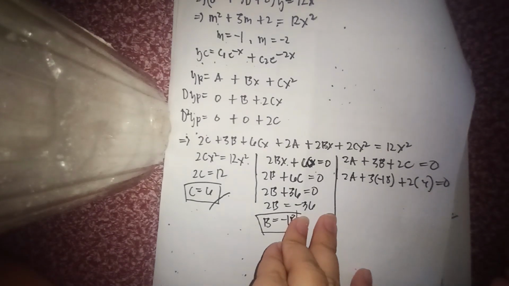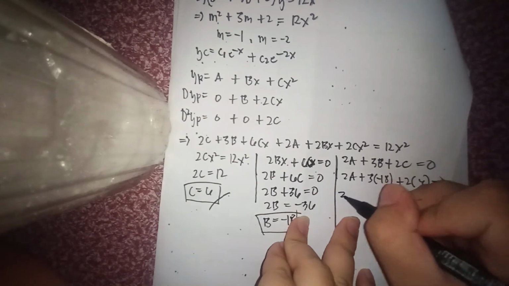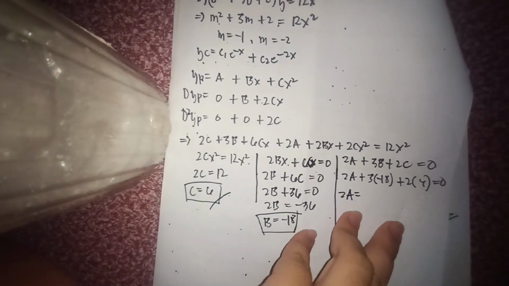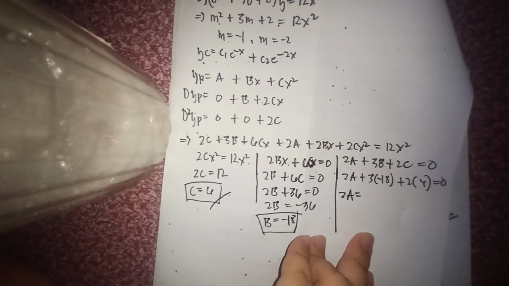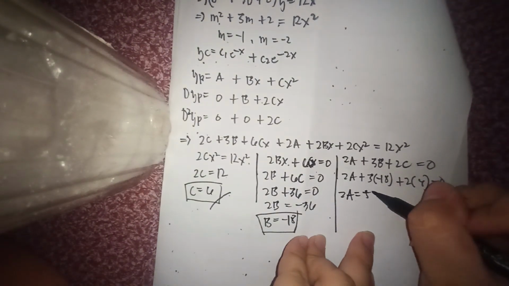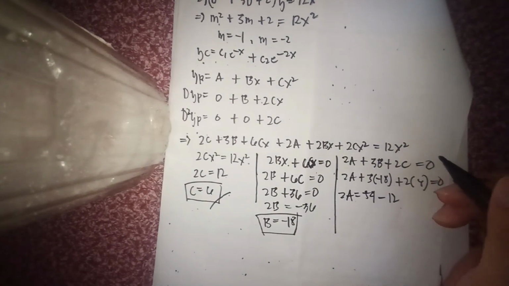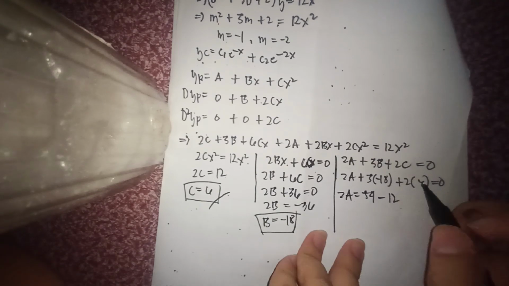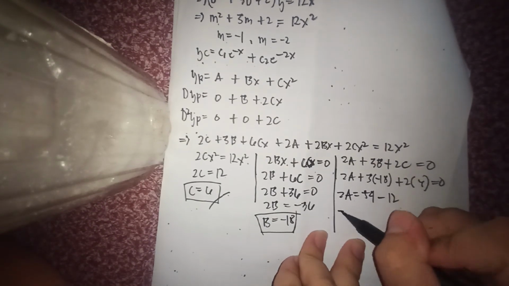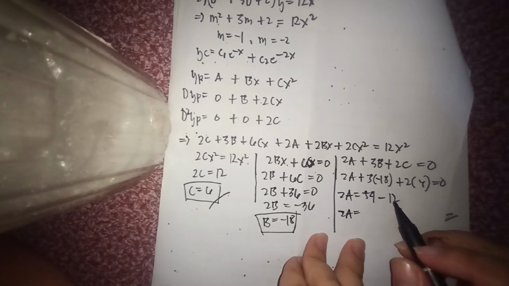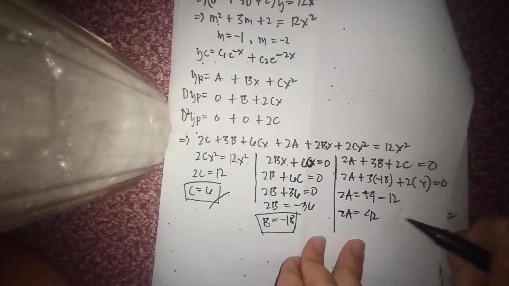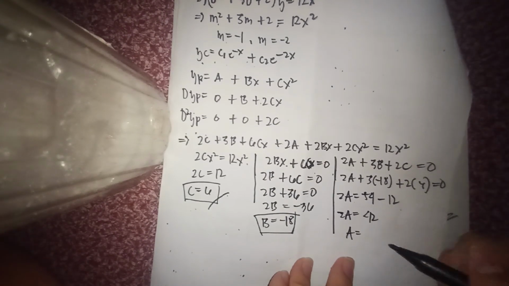So we have 2a, so we transpose to the other side. So we have 54 and negative 12. So subtract. So we have 2a equals 54 minus 12, which is 42. And the value of a is positive 21.